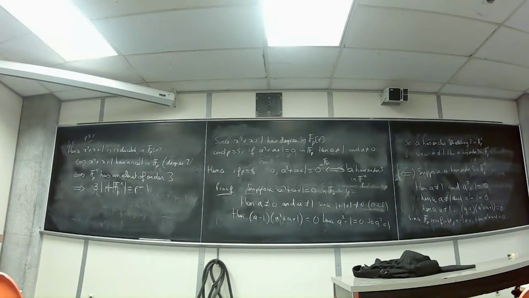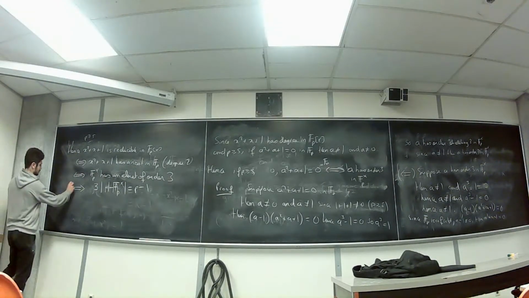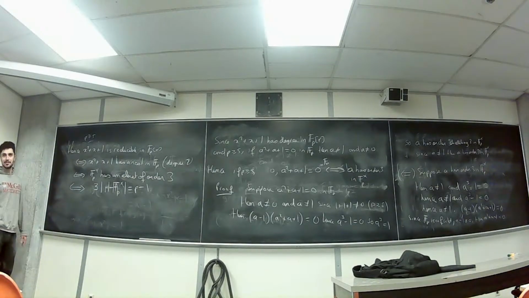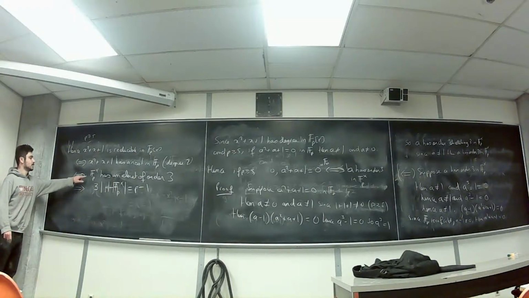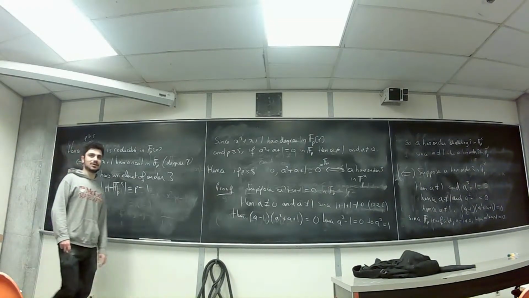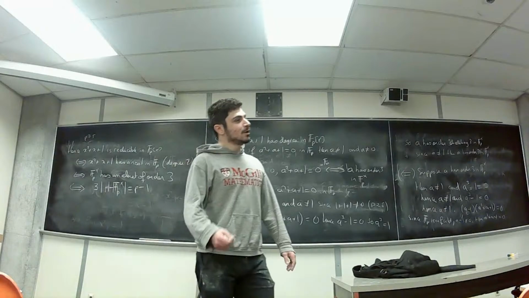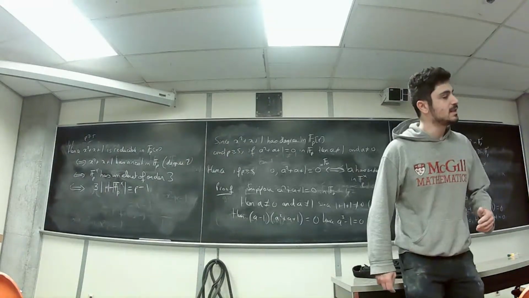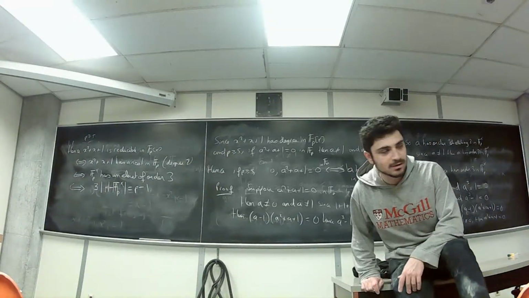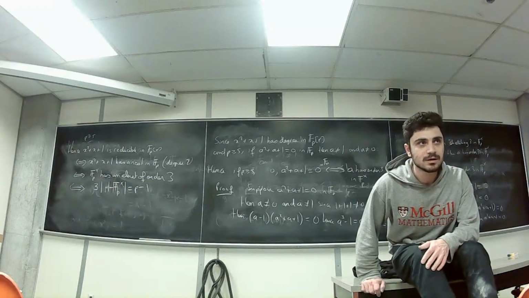Now, why is the converse true? Why can I go this way? You know that if F_p star has an element of order 3, then 3 must divide the size of F_p star. Why is it the case that if 3 divides the size of F_p star, then I must have an element of order 3?